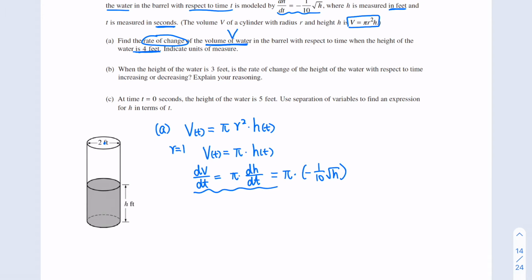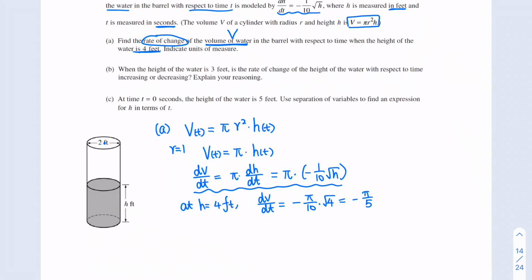This is the equation for dV over dt, the rate of change of the volume of the water. They are looking for the rate of change at h equals 4 feet: dV over dt is negative pi over 10 times square root of 4, which equals negative pi over 5.